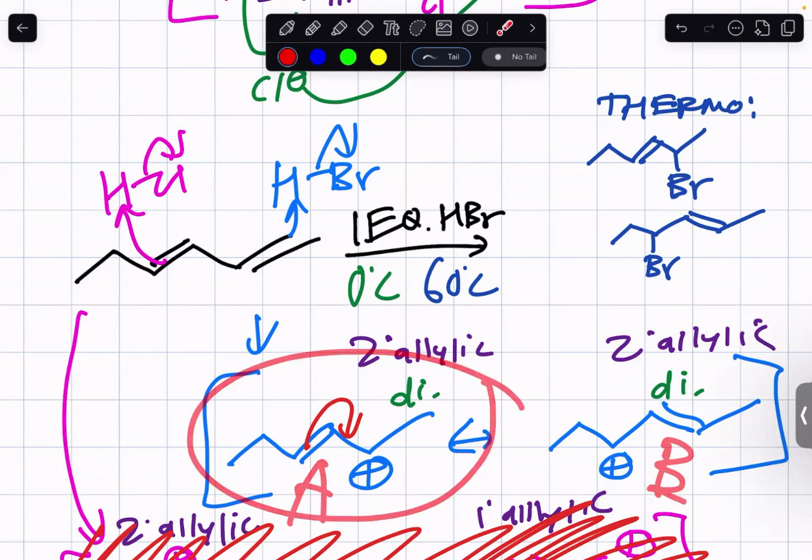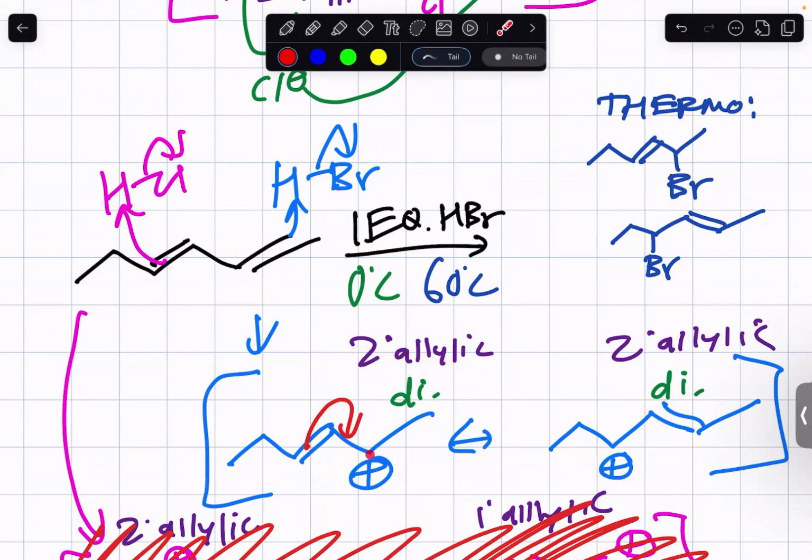It takes time to move those electrons of that bond to go over to make a bond over there, and kinetics doesn't like that. Kinetics wants to form the very first thing very fast from the more stable carbocation. So for the kinetic product, we only get one product, which is that one right there. So 1 kinetic product, 2 thermodynamic products, like that.